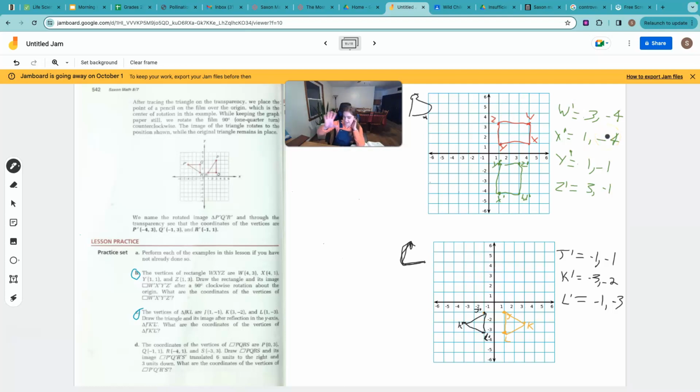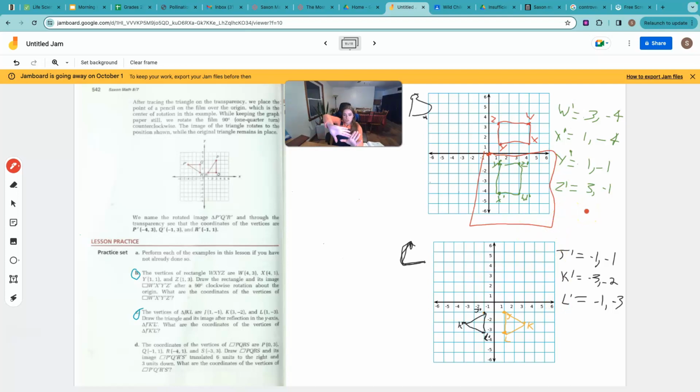So, it wants a 90 degree clockwise rotation about the origin. Remember that the origin is the very center of the coordinate grid. That would be right smack dab in the middle. So remember, if it's saying that it wants it to be rotated 90 degrees around the origin, that it's going to be over the x-axis and basically in this quadrant of the coordinate plane.